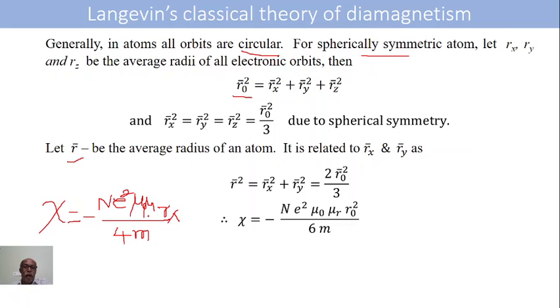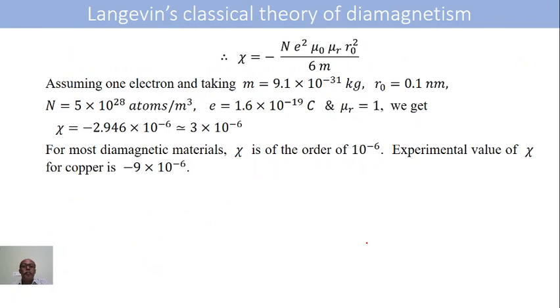Instead of r square, we are substituting 2 r naught square by 3. Therefore, this becomes minus n e square mu naught mu r r naught square whole divided by 6m. This is the susceptibility of the diamagnetic material.